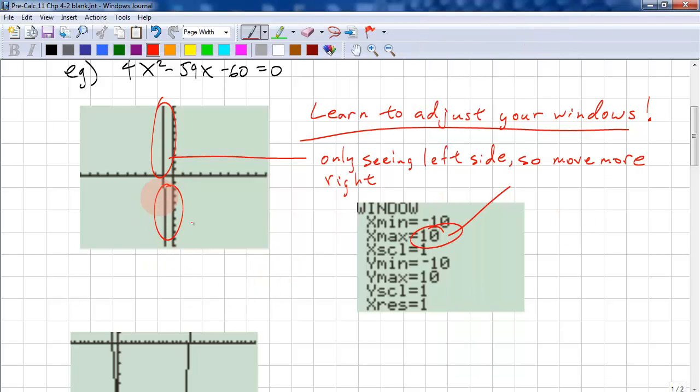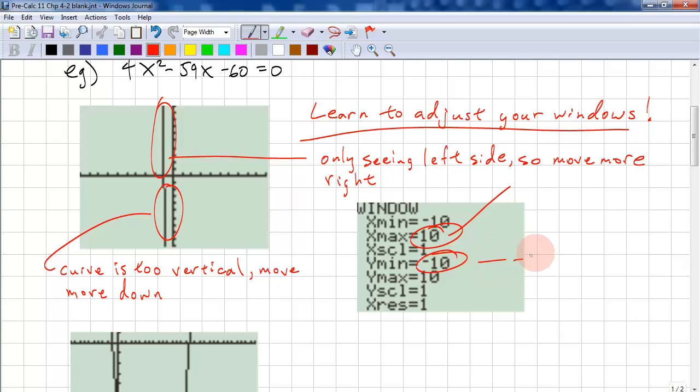And the curve is too vertical. So that means we need to increase the range. So we need to adjust this number. And again, I'm suggesting negative 100.